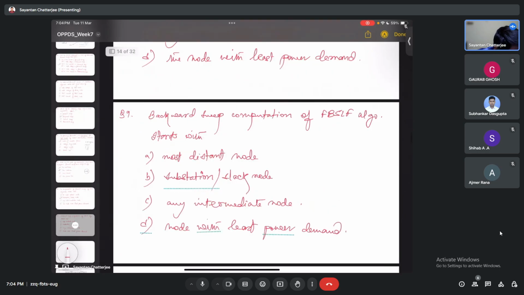Here it's the backward sweep. The backward sweep computation of the forward backward sweep load flow algorithm starts with the most distant node, substation or slack node, any intermediate node, or the node with the least power demand.